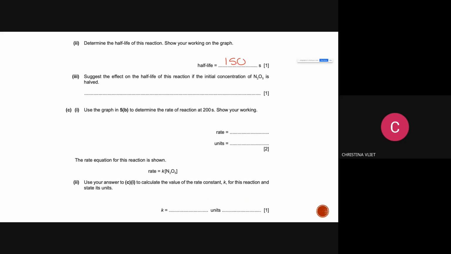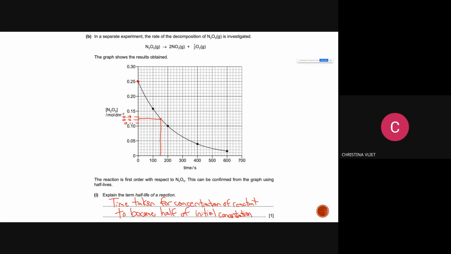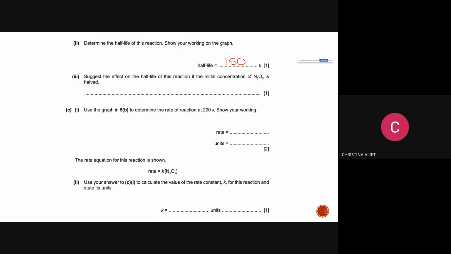If you don't put the two lines on the graph, the one that goes from here to here and down, they don't give you the mark if you just said 150 without the lines on the graph. So this is what they meant by show your working on the graph: showing how you got to that half-life. Half the concentration, go to the spot on the graph where that time is correlated. That's how you get it.